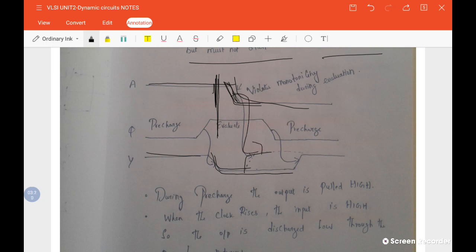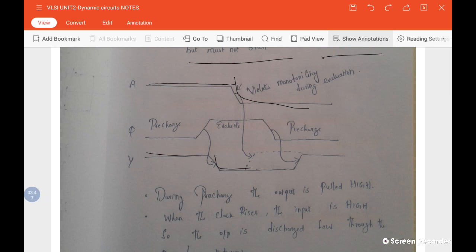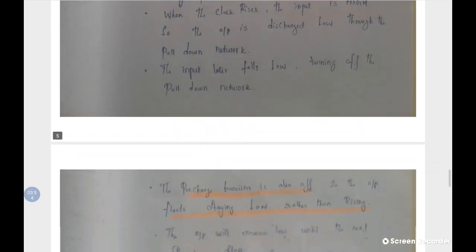But instead of rising, your output stays in the same position as before, remaining in the same low signal. This is called the problem of monotonicity, that means violating monotonicity during evaluation. Because of this violation, your output must rise, but instead it stays in the low state.